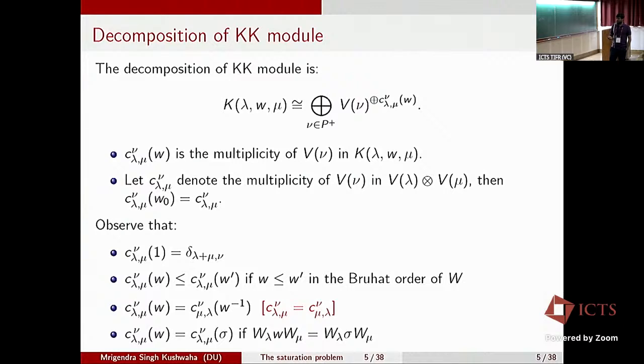And if I switch lambda and mu, then W will turn to W inverse. This will also imply this one, but this one we already know. And if the double cosets for W and sigma are the same, then the corresponding tensor product multiplicities are equal.